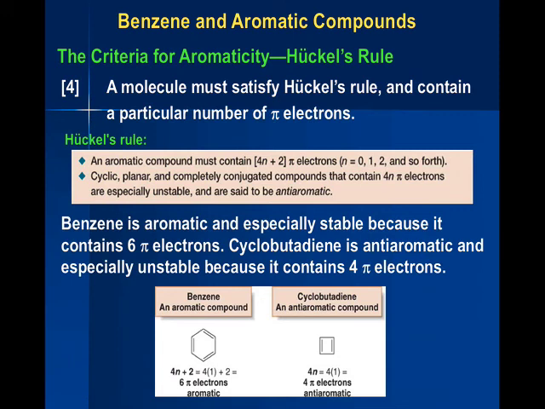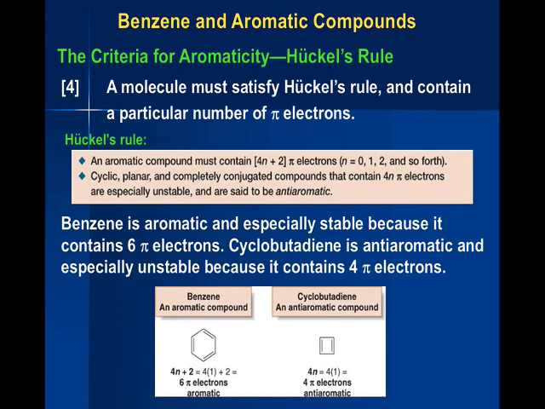I don't remember the temperature. And it existed for a few milliseconds. You tell a chemist you can't make something, they spend millions of dollars to show that they can, and then show that it's completely useless. Okay? It is an anti-aromatic compound. It is unusually unstable. Once it's made, it completely reacts with whatever it can.